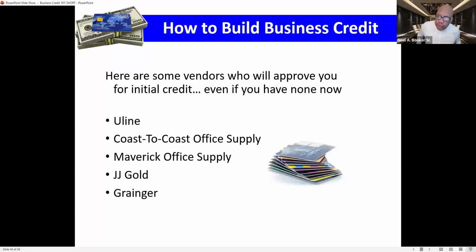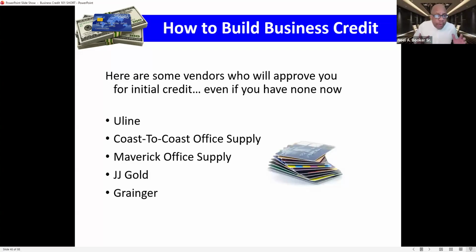These change all the time because I'm a franchise with Credit Suite. We have a team that's always looking for these vendors, so we know what vendors are available and what their underwriting guidelines are. That's the key piece.